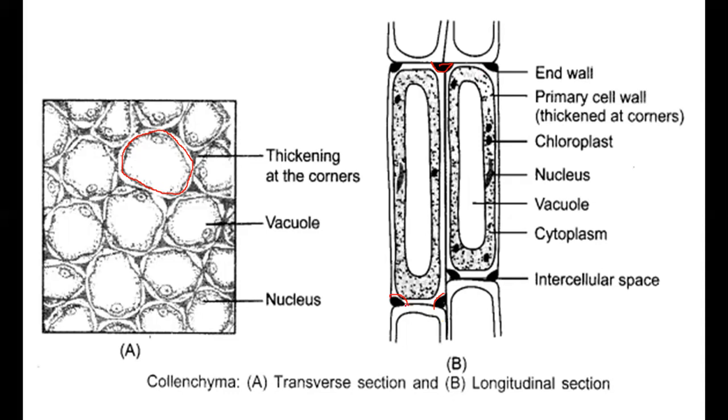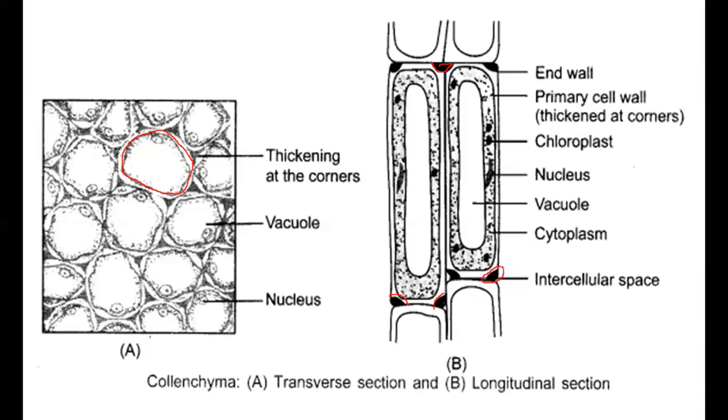Now why is the intercellular space basically absent? Because in the case of parenchyma intercellular space is present, but in the case of collenchyma that particular space is filled up by cell wall components, that is hemicellulose and pectin, because cellulose is present in the primary cell wall and hemicellulose and pectin are present in the secondary cell wall, and this secondary cell wall actually fills up the intercellular space.